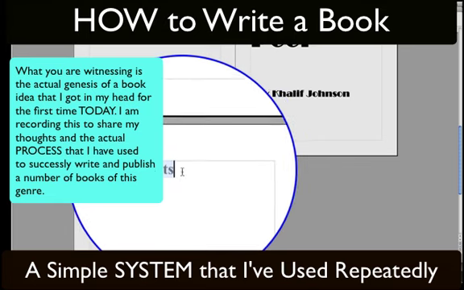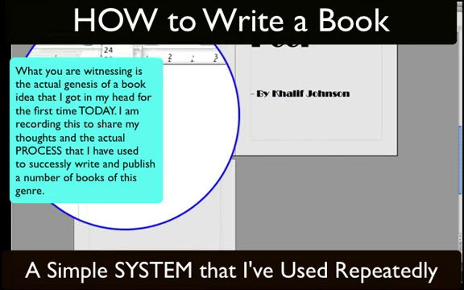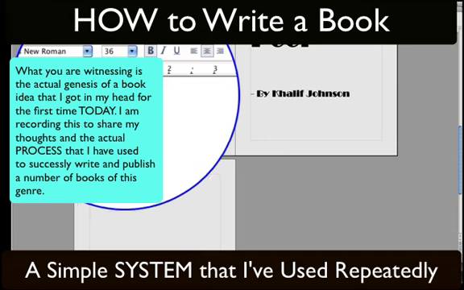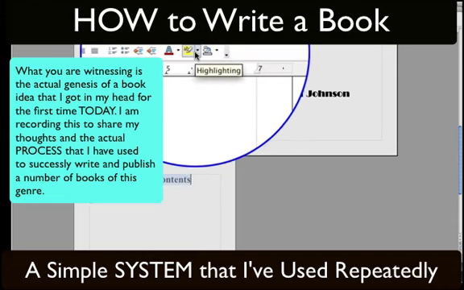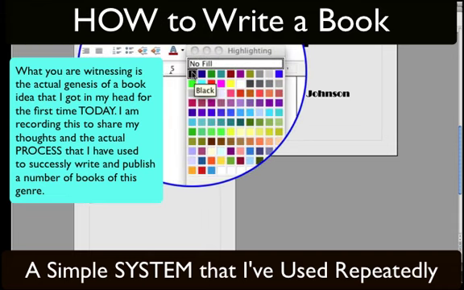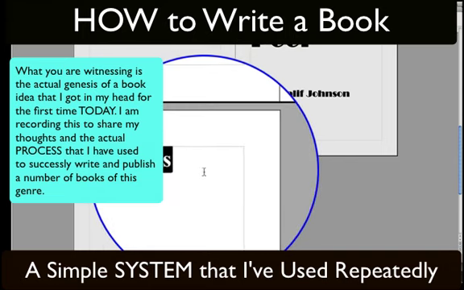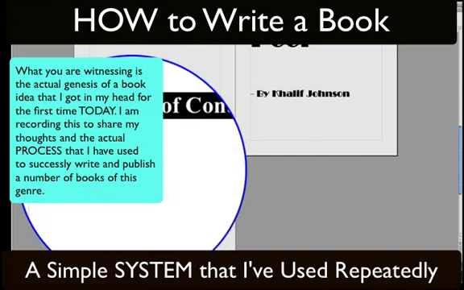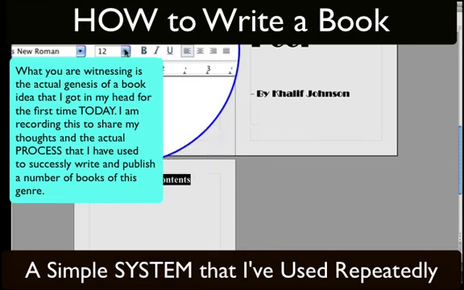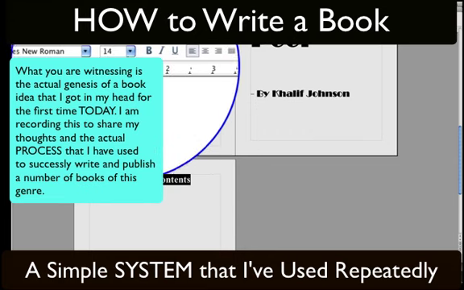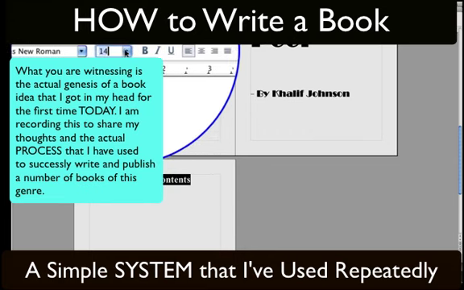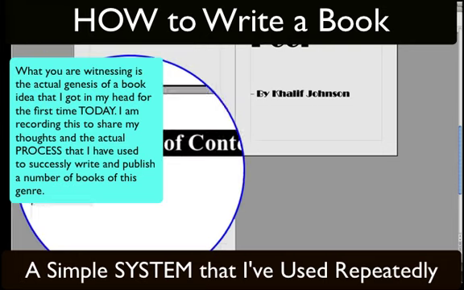Center that. And how about I do that? Table of contents. I use 14, 20-point fonts.